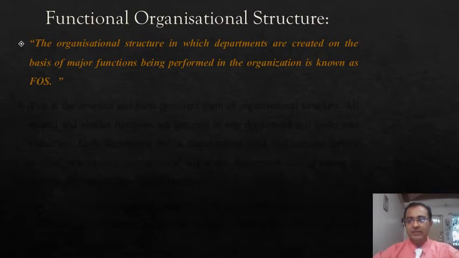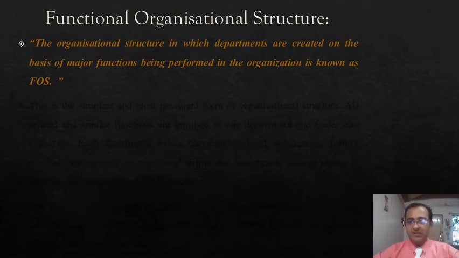It is not so that other functions won't be performed, but the functions apart from the main functions would be categorized under some basic functions. So the departments will be created on the main functions being performed.